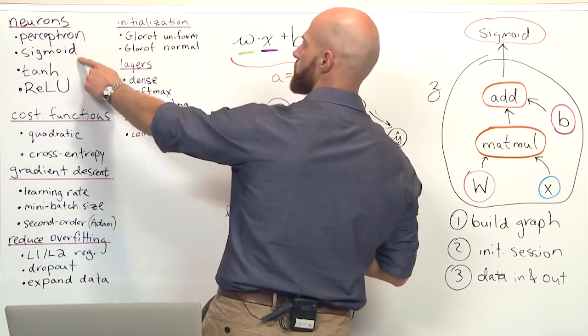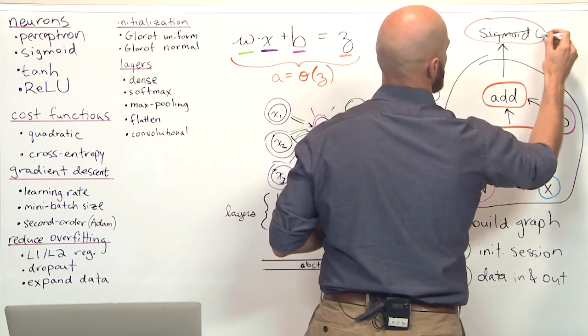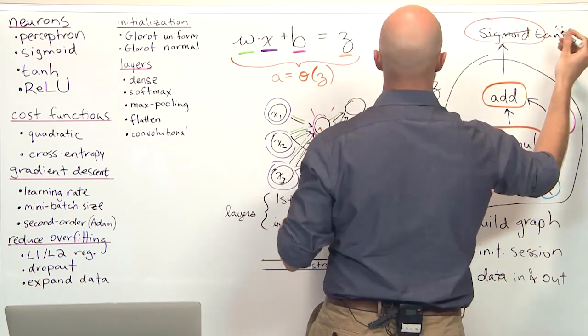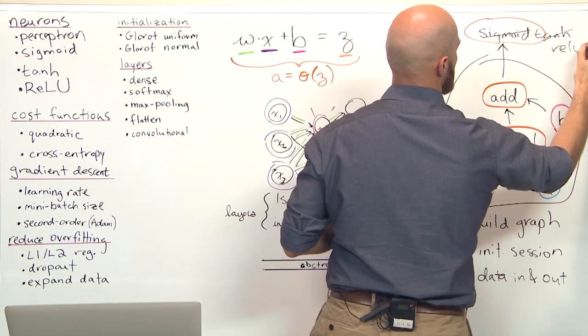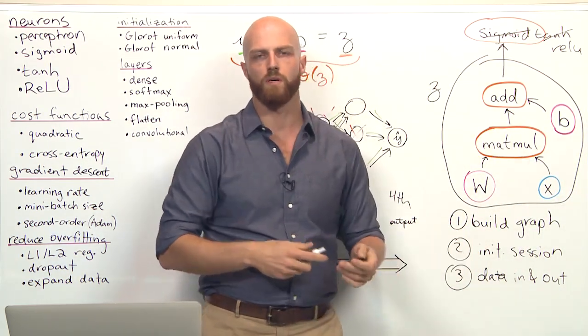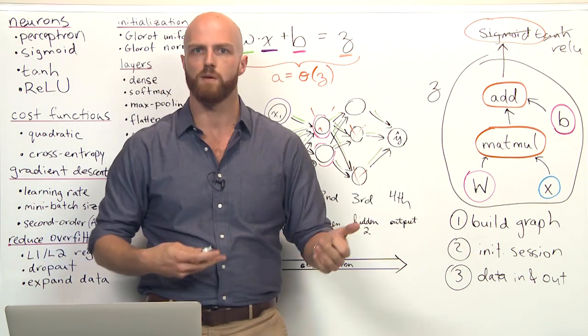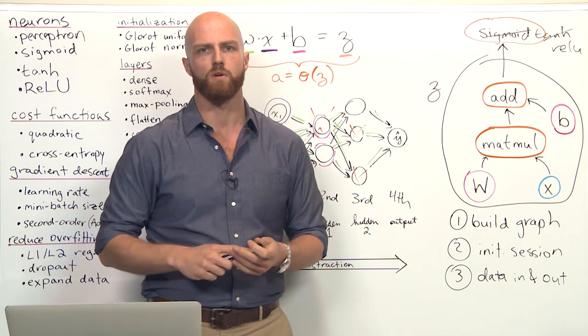Or we could choose, instead of sigmoid, to have tanh here as our operation. Or we could choose relu. So this is an example on the board. We're going to get into some more specifics, and with some data, you'll be able to understand this more concretely in a minute.